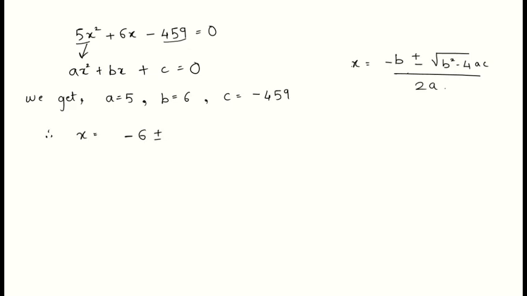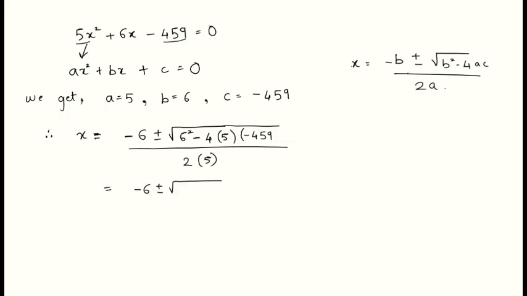Let's substitute the values. x is equal to minus b, and b is 6, therefore minus 6 plus or minus square root of 6 square minus 4 into 5 into minus 459, upon 2 into 5.